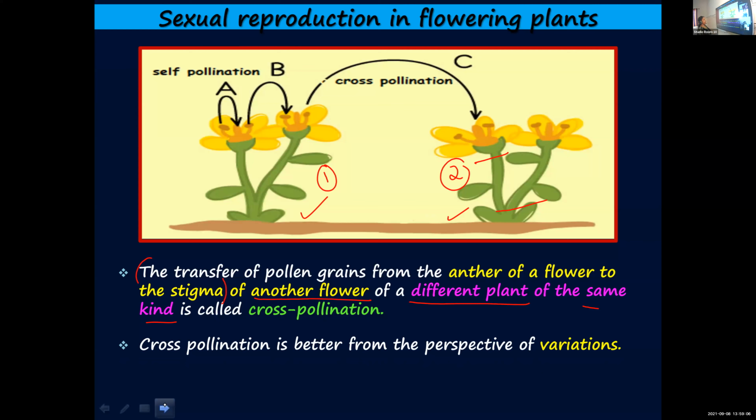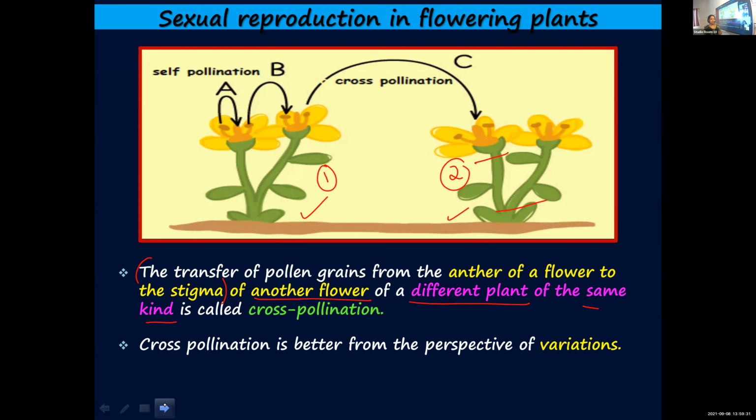When you compare self and cross-pollination, variations will be more in case of cross-pollination. Because in cross-pollination, two different plants are involved. Even though they are of the same kind, two different plants are involved. Just like in sexual reproduction, there is fusion of gametes, so variations are more.